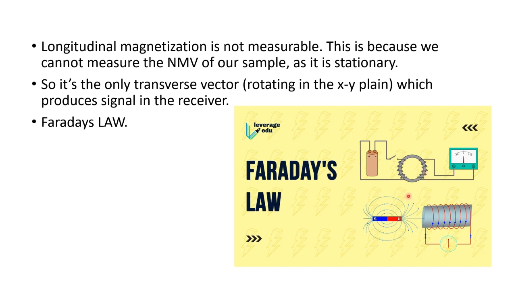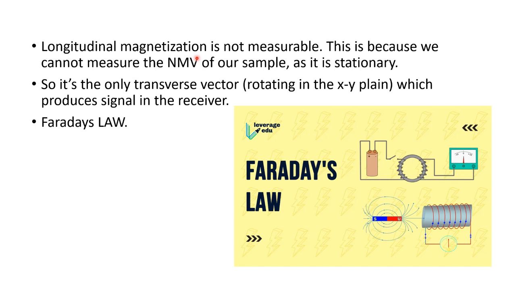In the same way, when a moving magnetic field is passed across a loop of wire, it should generate an electric current. It has to be in a perpendicular direction. Here the main magnetic field is stationary and also not perpendicular. So the longitudinal magnetic field cannot generate an electric signal.